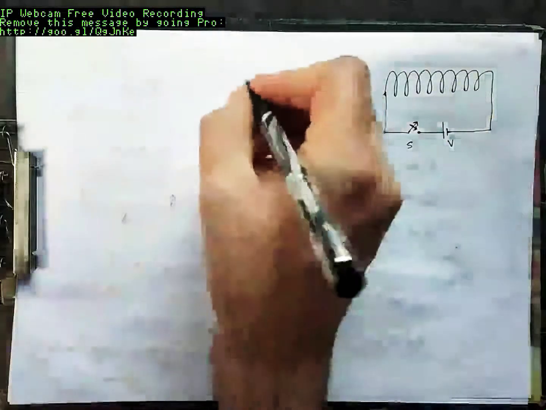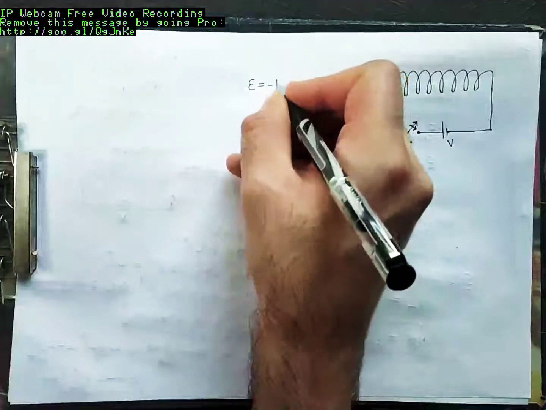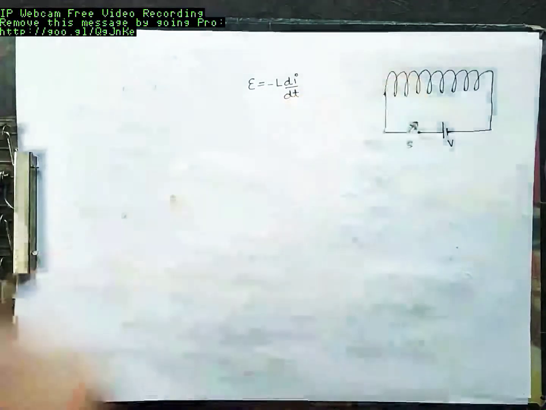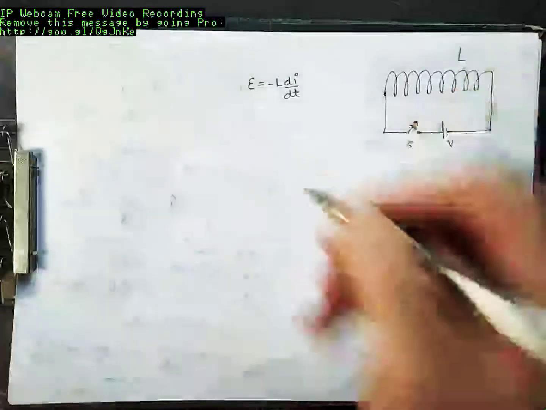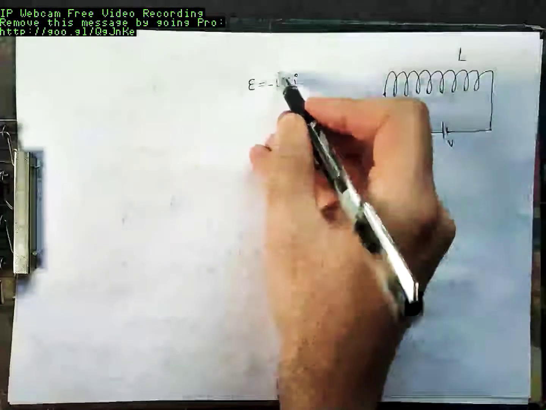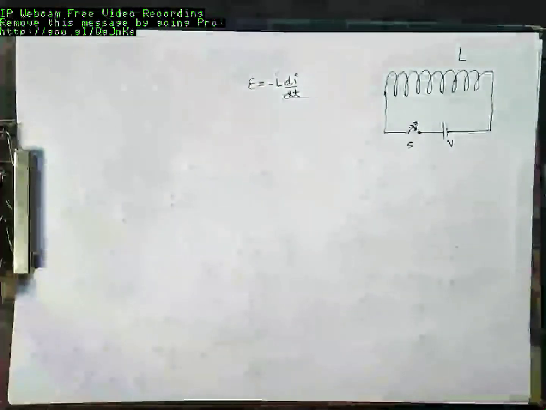Just now we discussed that induced EMF E is equivalent to minus L di divided by dt. This coil will have some inductance. We calculated just now the inductance of a solenoid. This has some inductance, and there is di by dt because current is increasing.